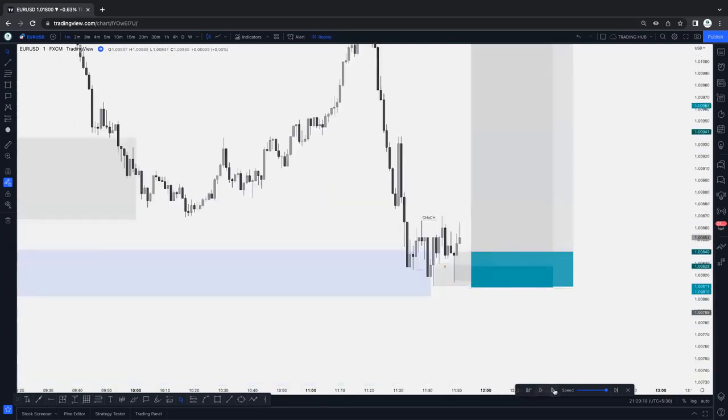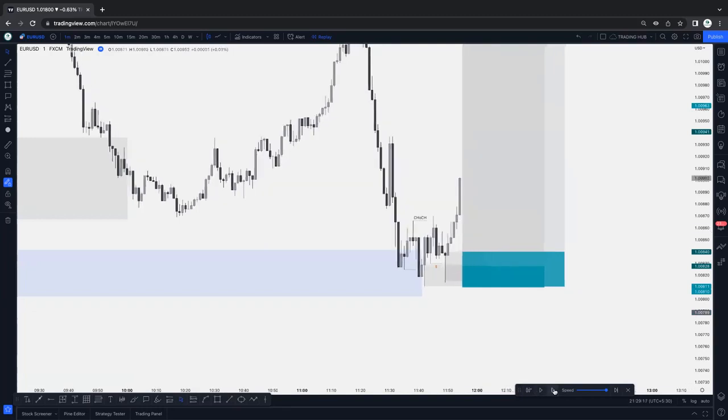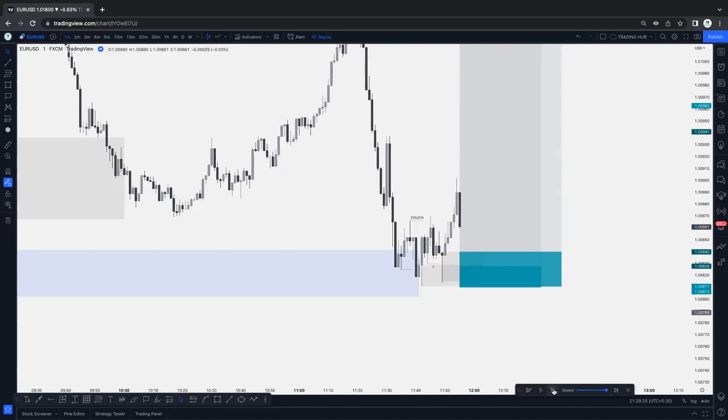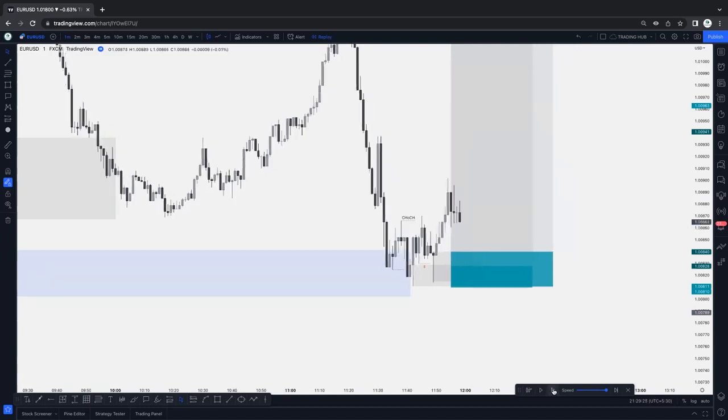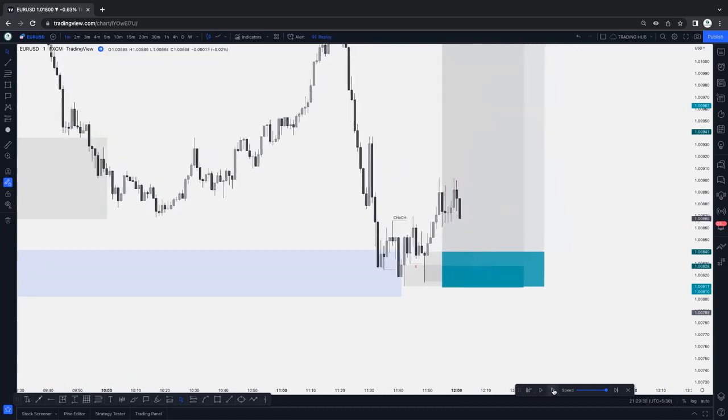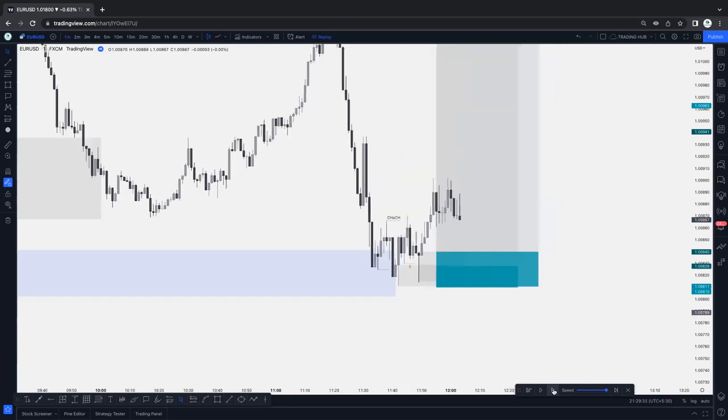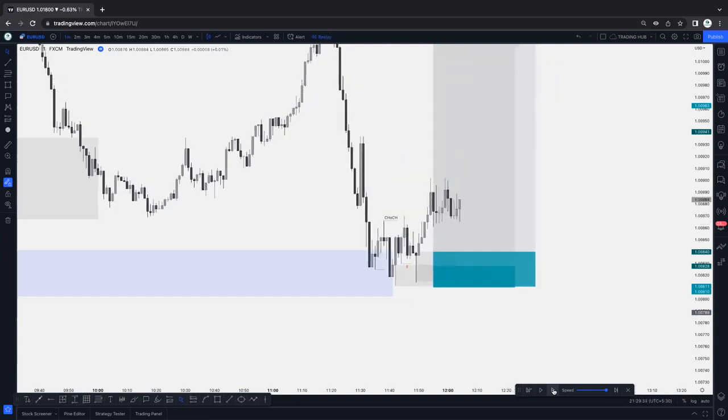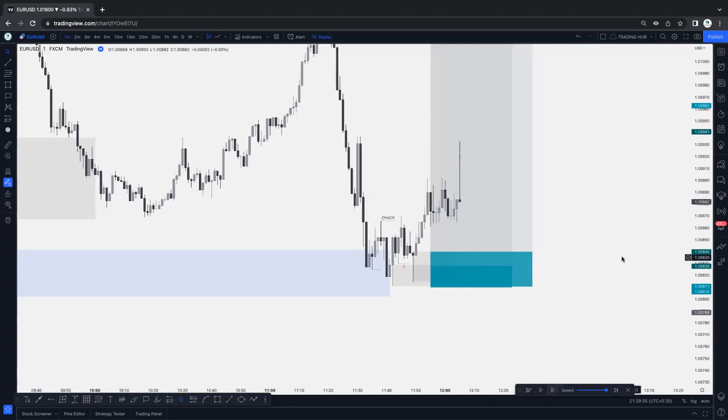Okay, let's see. There is no tap here, but still this entry is valid. Let's see what happened next. Okay, so this entry is still valid.